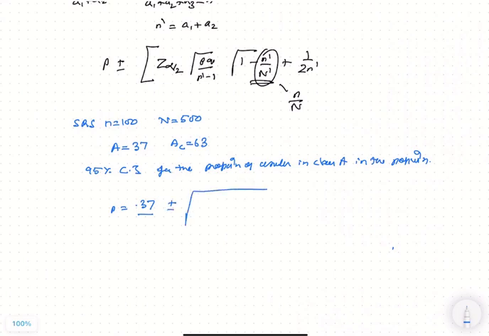So this is going to be z half times the square root of pq upon n minus 1, times 1 minus f, plus 1 upon 2n.